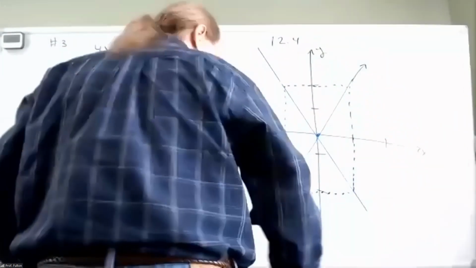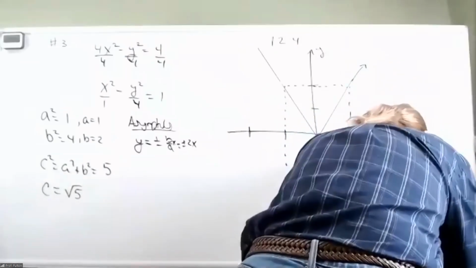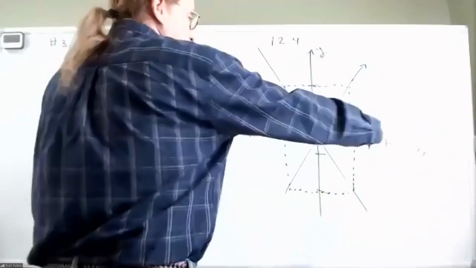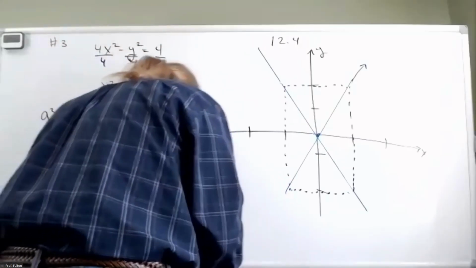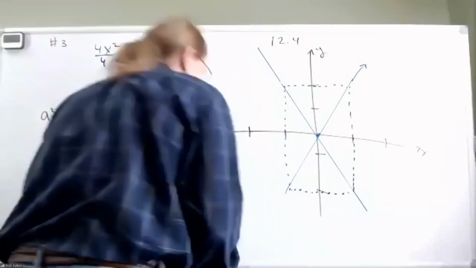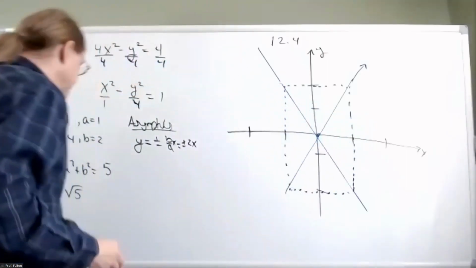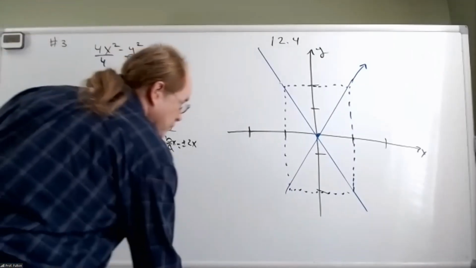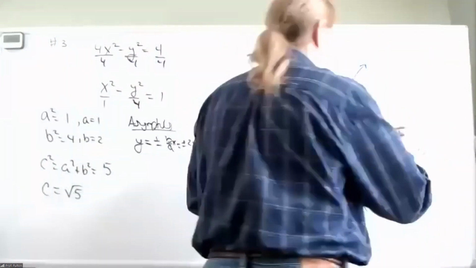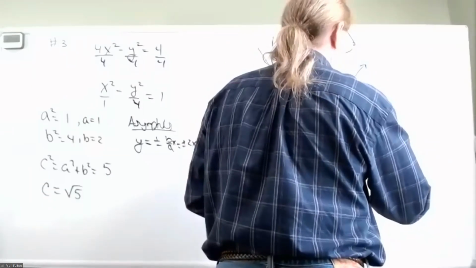Okay. Continuing on, we know that this is my transverse axis. So the x is transverse. So this is where I'm going to place my foci. So it's the square root of 5, which is just a little bit over 2. That's right about there.